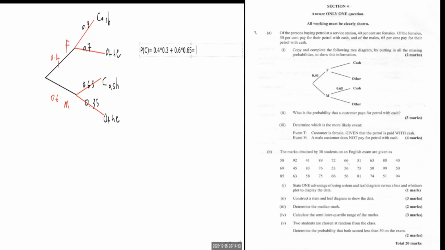So 0.4 times 0.3 plus 0.6 times 0.65 is 0.51. So there's a 51% chance a person pays with cash.